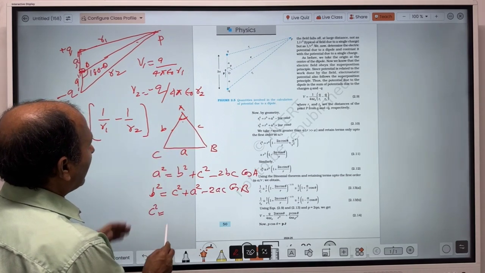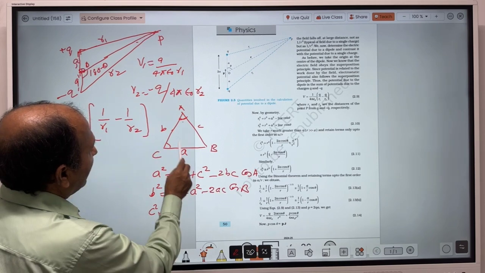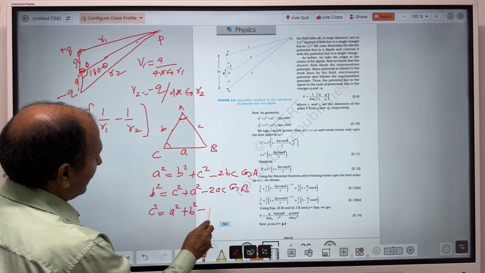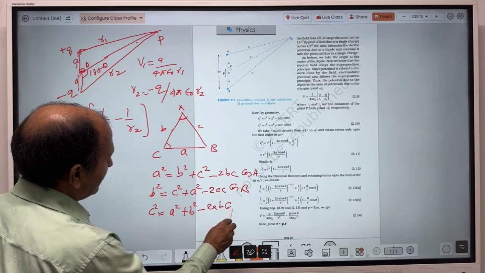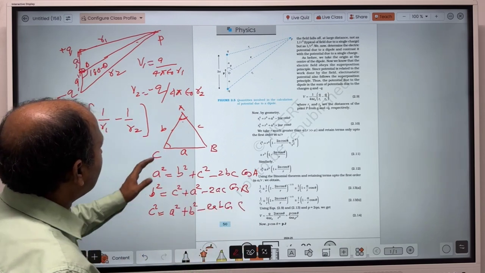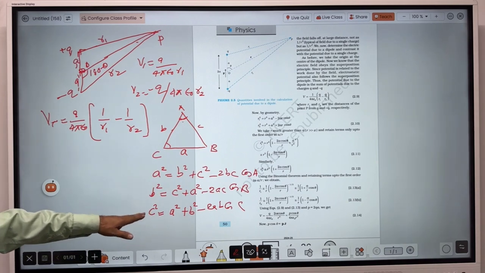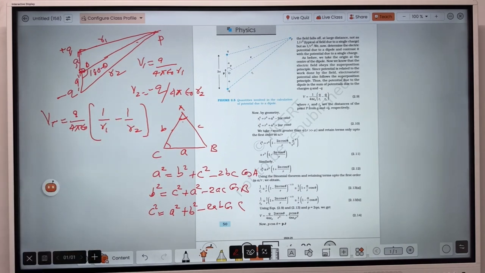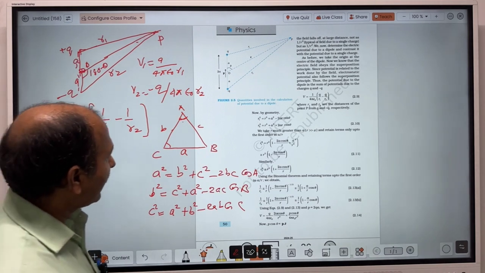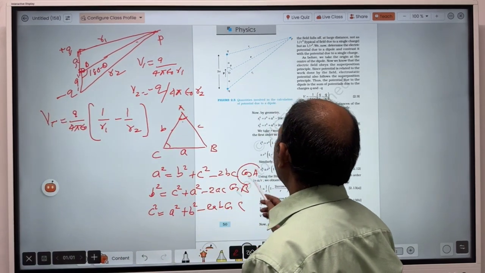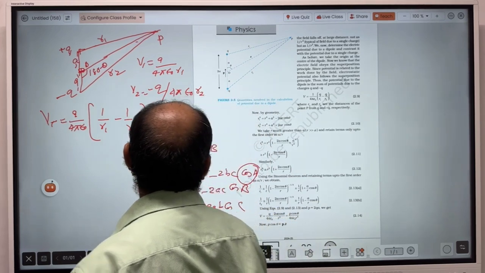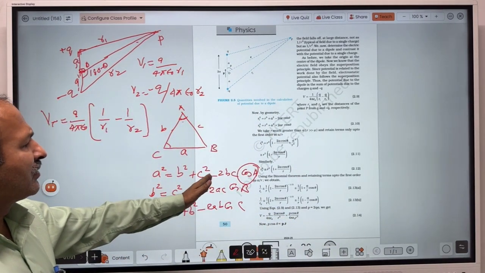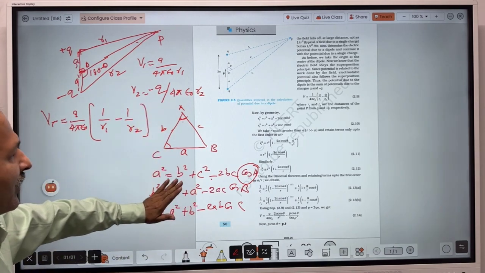You will write c square equal to a square plus b square minus 2ab cos C. So this is valid when theta is acute. But if theta becomes obtuse, then either you can replace cos A by cos of 180 minus A, or very simply, you just remove the minus sign and convert it into a plus sign. I think you have understood.